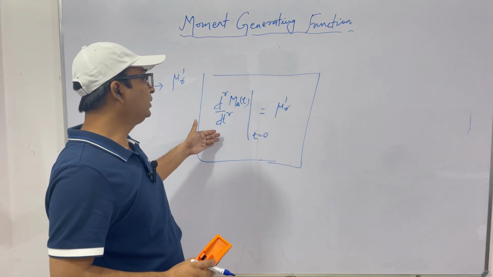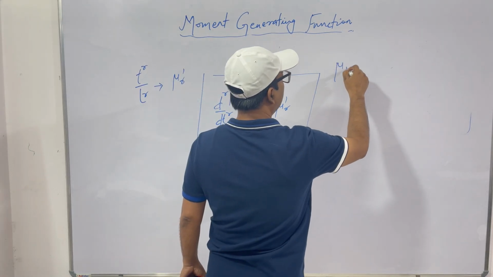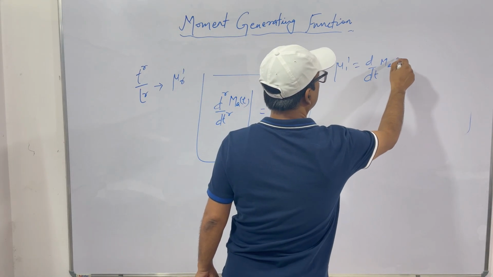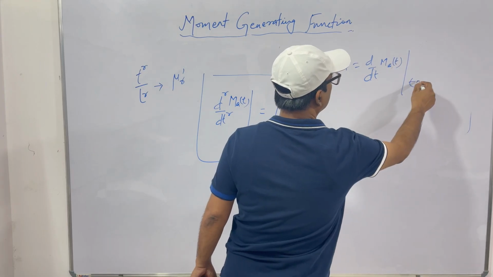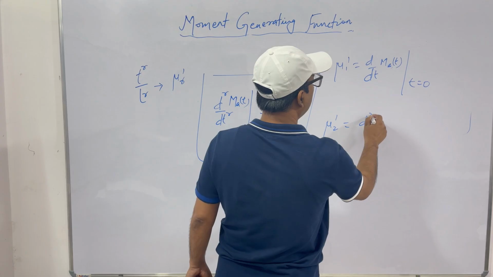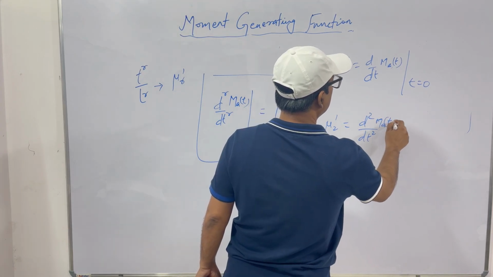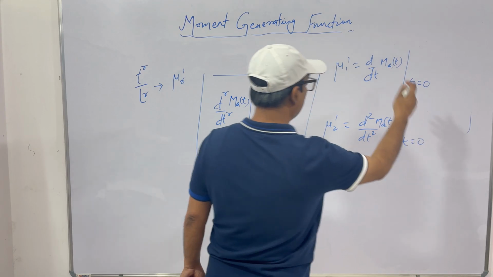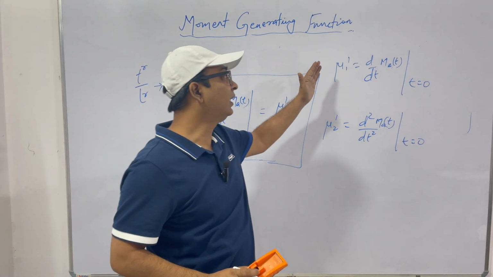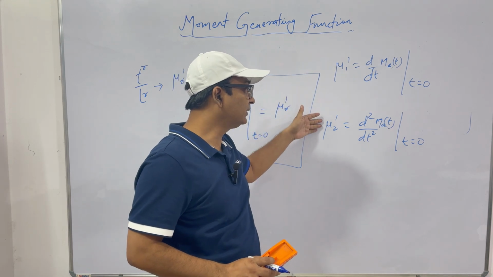From here we will be able to derive mu1. How? Mu1 dash will be equal to the first derivative, d/dt of M_a(t) at t equal to 0. Similarly, mu2 dash is equal to d2/dt2 of M_a(t) at t equal to 0, and so on. This is a very important formula, and we know the mean, standard deviation, and variance.